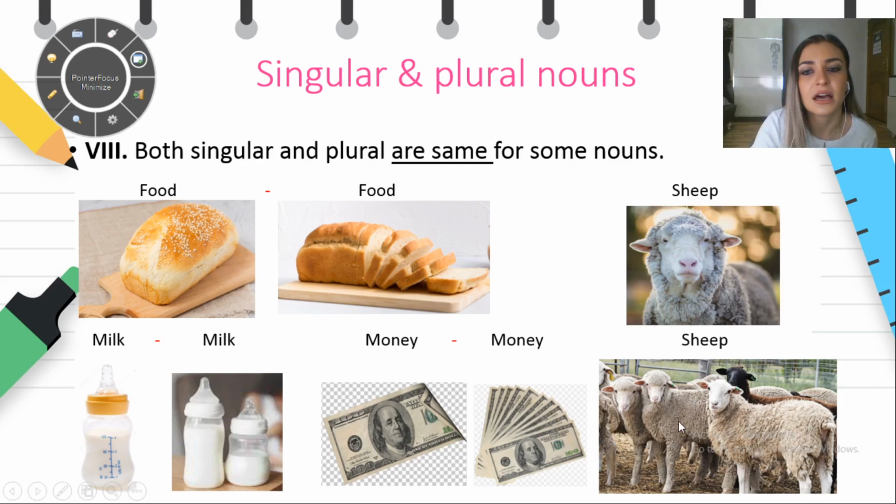So we couldn't say 2 sheeps or 10 sheeps. This is incorrect. So we have to say 1 sheep, 10 sheep, 100 sheep. So it's the same form for singular and plural. So we have the example milk, milk, money, money, etc.